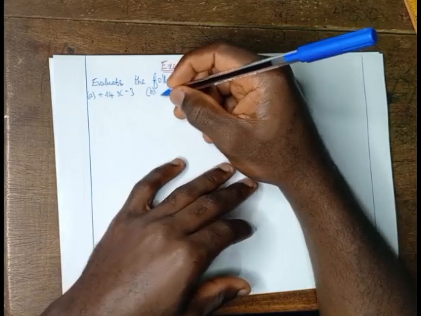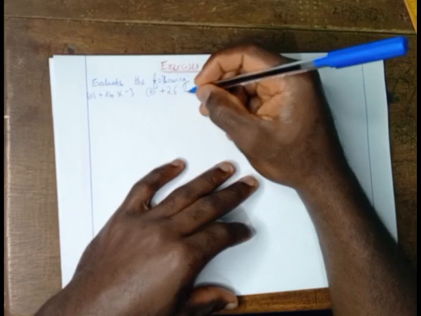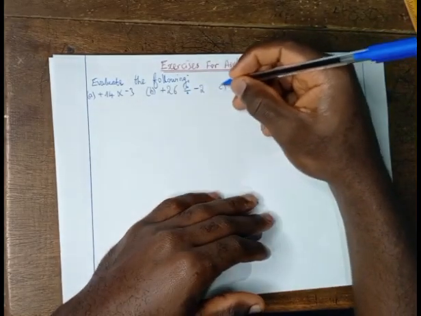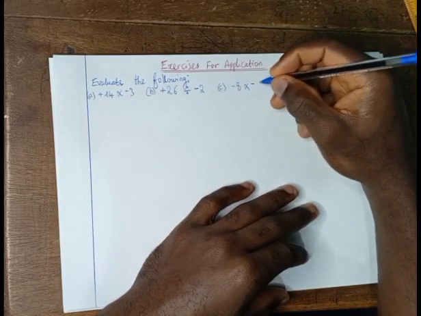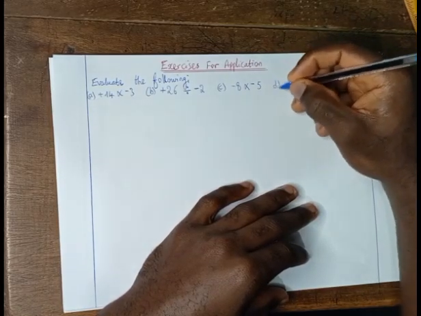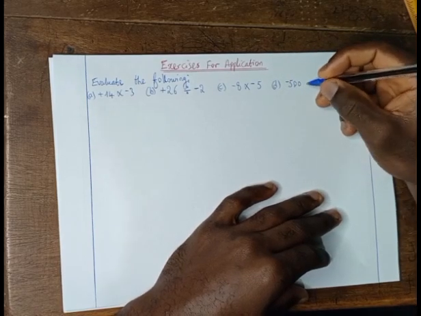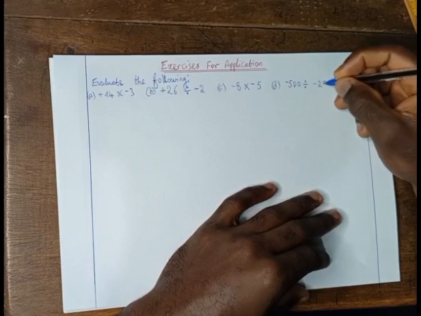B, positive 26 divided by negative 2. C, negative 8 times negative 5. D, negative 500 divided by negative 25.